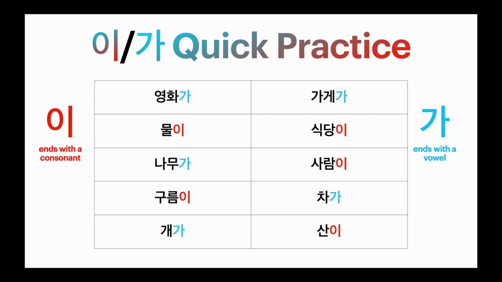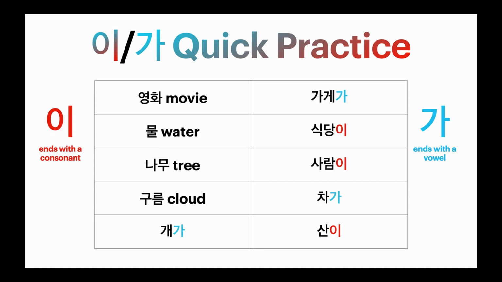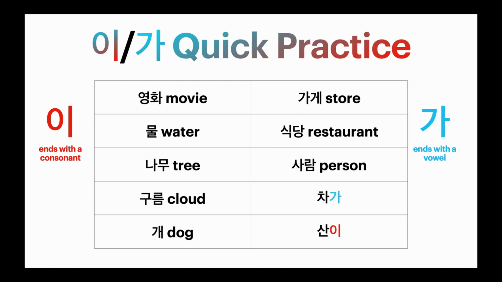Now some of these words you might know, and some of them might be new, so let's go ahead and go over the meaning of each one, starting with 영화. 영화 is the word for movie. 물, water. 나무, tree. 구름, cloud. 개, dog. 가게, store. 식당, restaurant. 사람, person. 차, we've learned before, is the word for tea, but it also means car.